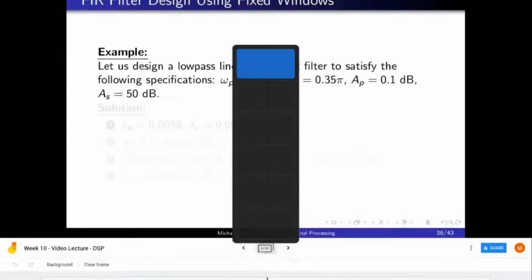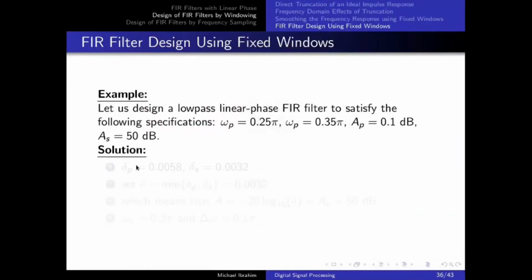Going back to our slides, we can see that delta p will be 0.0058 and delta s will be 0.0032. So let me write this down: delta P will be equal to 0.0058 and delta S will be equal to 0.0032. So this is the first step.